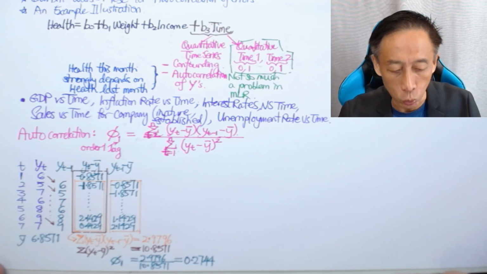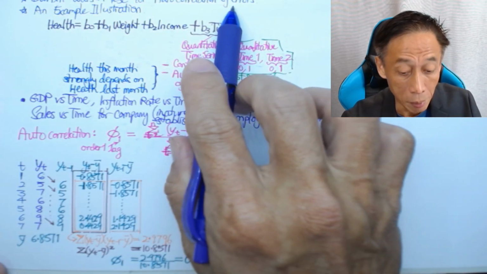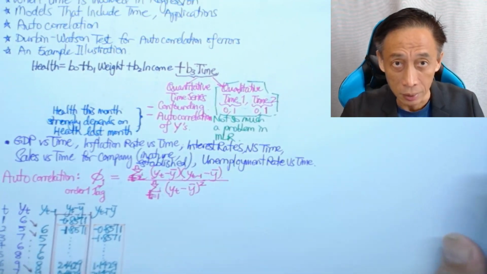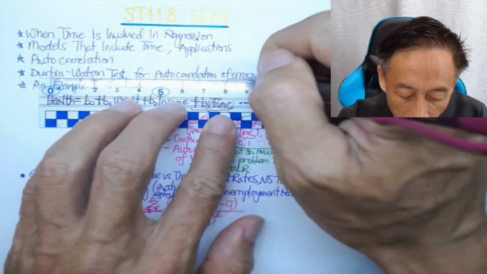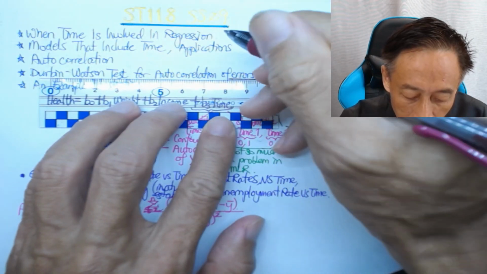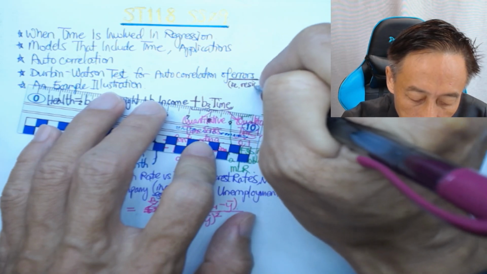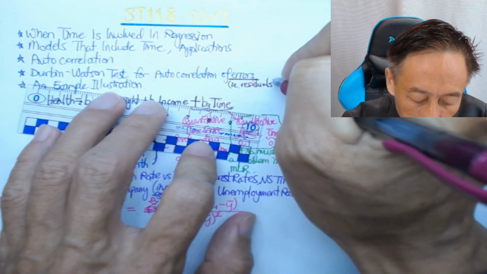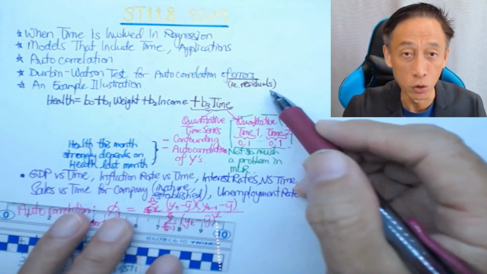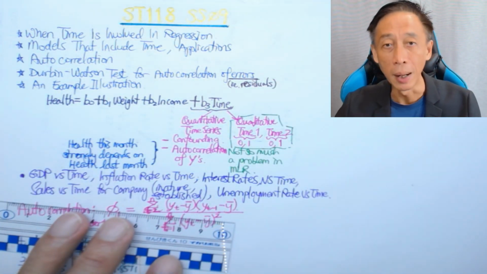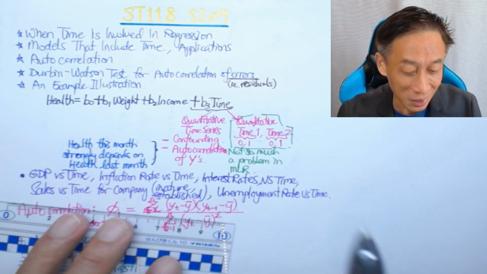Okay, coming back to the detection of errors. Remember, this is strictly about errors. The Durbin-Watson test, let me highlight, is for errors, the residuals. And we have a good and well-defined formula or definition for residuals: the predicted minus the observed values of y, nothing to do with x here.